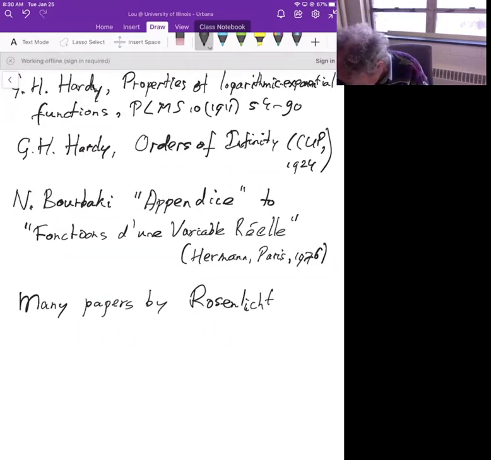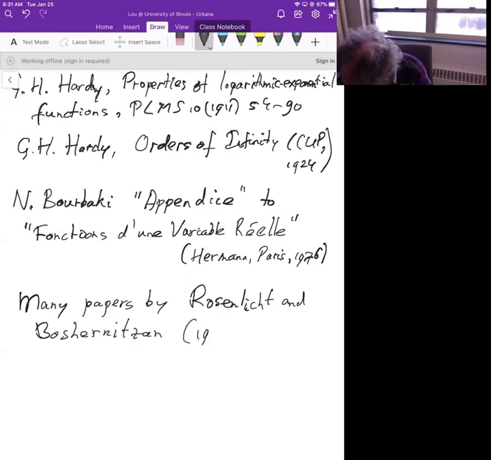But the people who really took this to heart were Rosenlicht and Boshernitzan, whose papers I'm not going to all mention. This was basically in the time from 1980 to 1996. If you look at their list of papers on this topic, both of them go basically in that time.